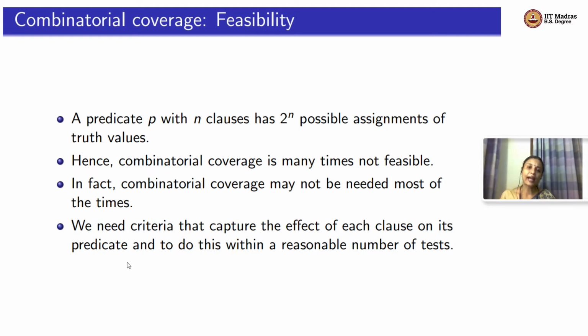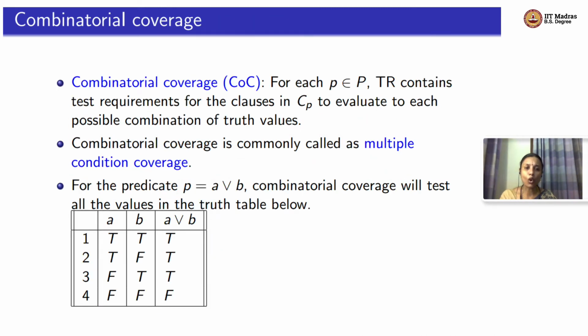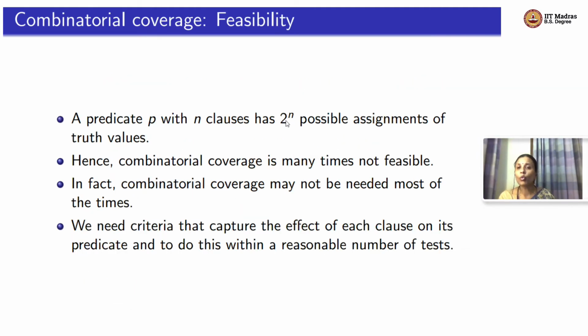Suppose a predicate had n clauses, let's say 3 clauses, 4 clauses, 5 clauses. If you consider all combinations coverage through the truth table, then you're practically considering 2 to the power n possible assignments of true false values to the individual clauses. Because there are n clauses, each clause can take true once, false once, totally 2 to the power n combinations.